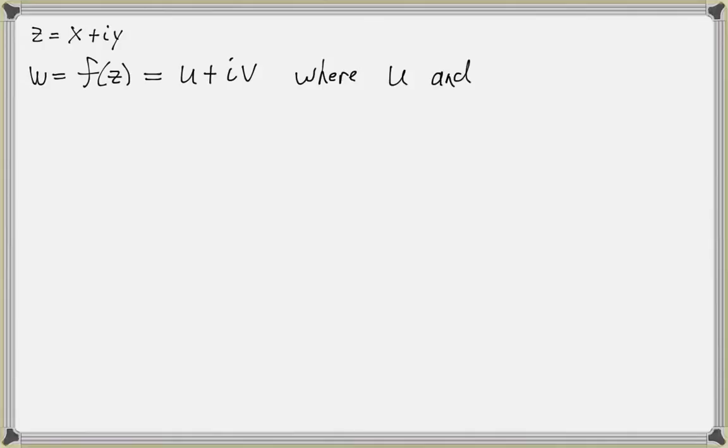So given a complex number z, we can write w, which is f of z, as u plus iv, where u and v are the real and imaginary parts of w.